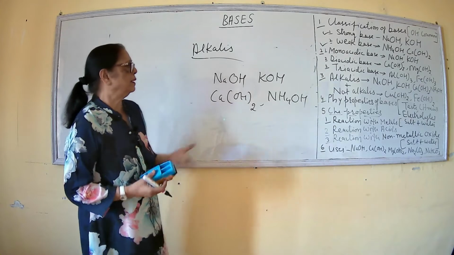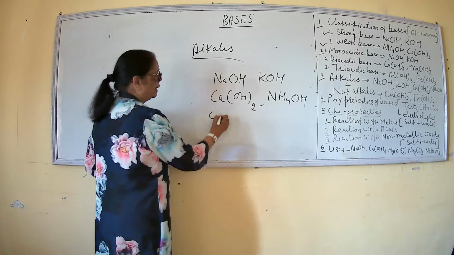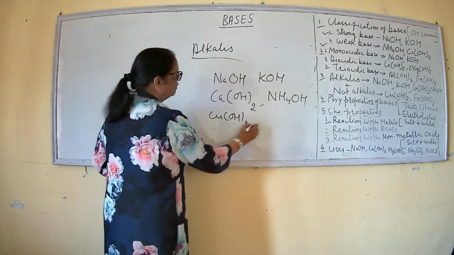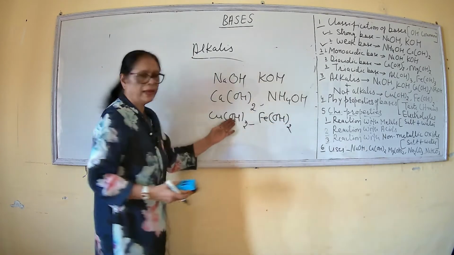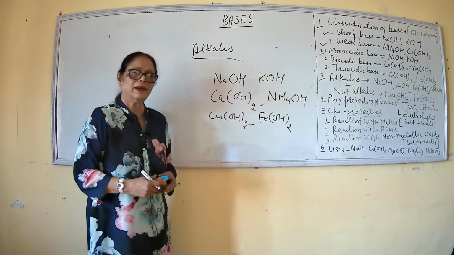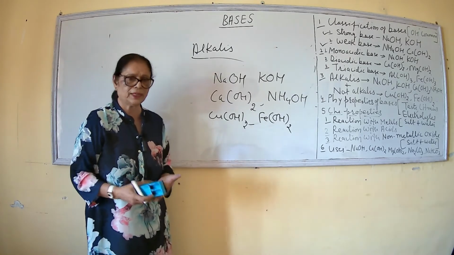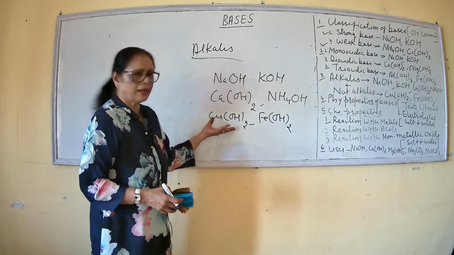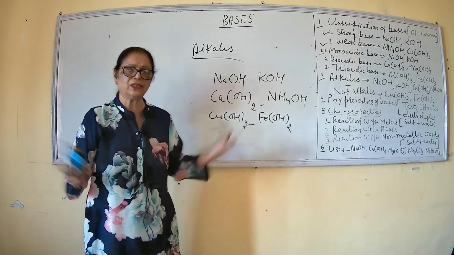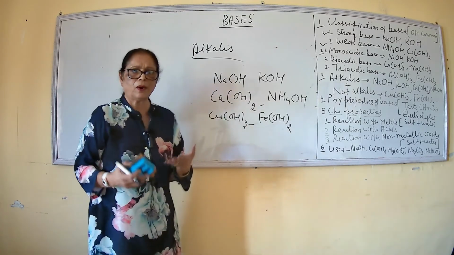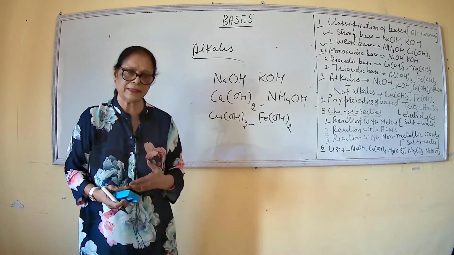But we have some bases, like Cu(OH)2, like we have iron hydroxide. These are bases because they have hydroxide ions present in them, but they do not dissolve in water to form a basic solution. They do not form basic solutions. So they are bases but they do not form alkalis. So in one sentence you can explain that all the alkalis are bases but all the bases are not alkalis.